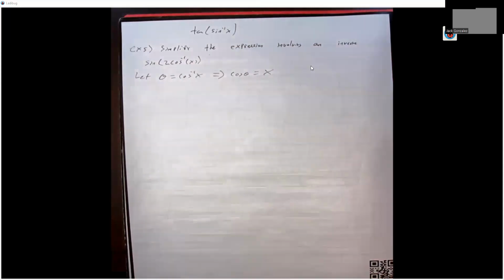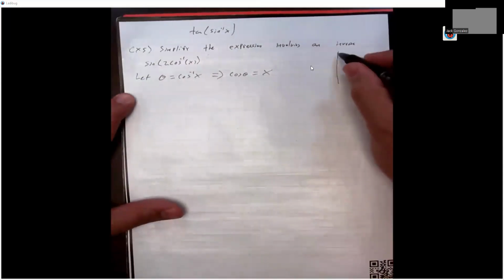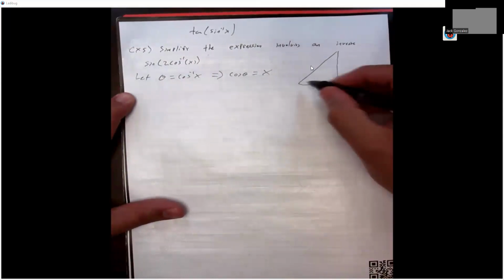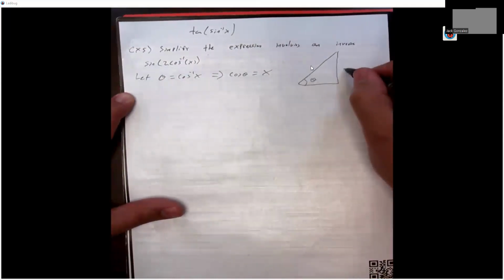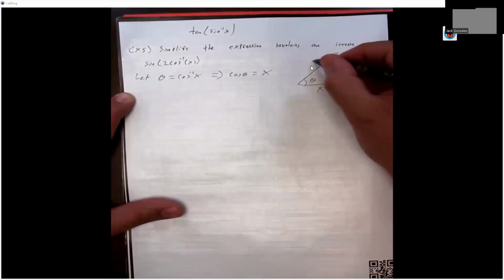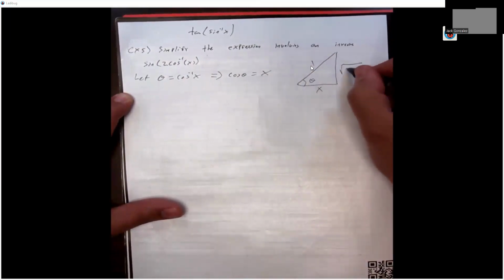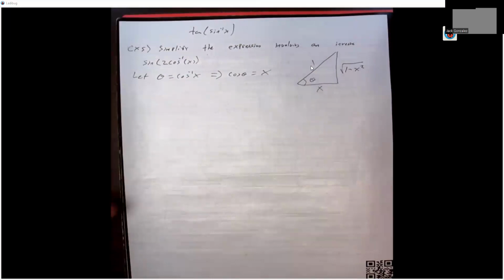And then we would build a triangle, right? Here, we're not going to worry about signs or anything like that, like what's negative, plus or minus.